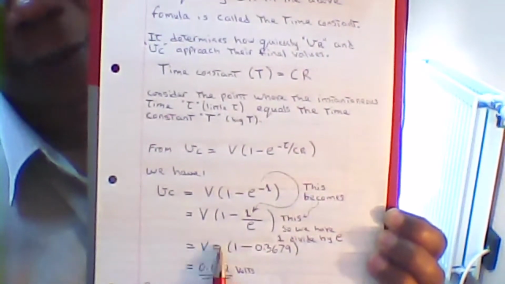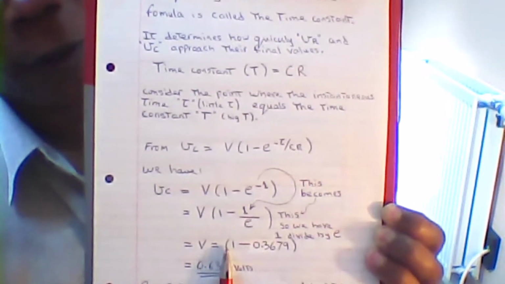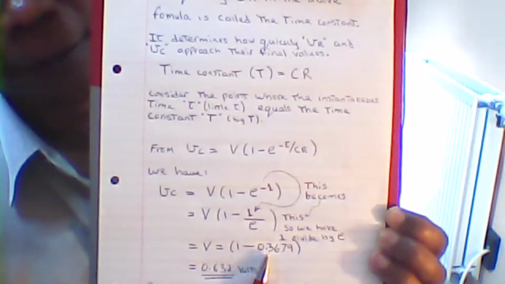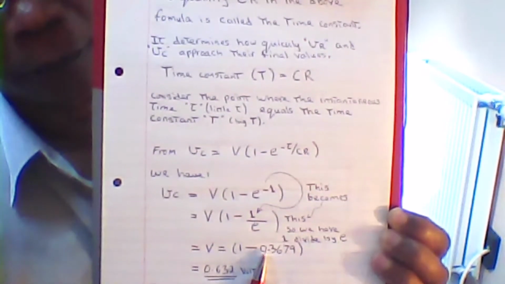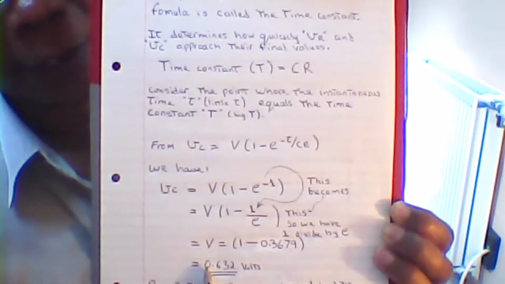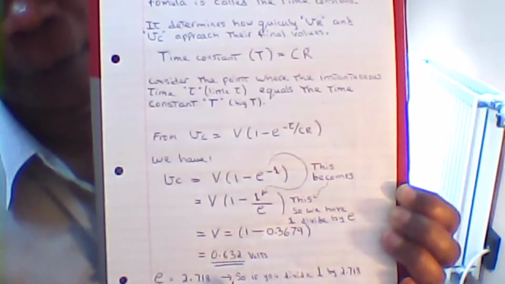So again, we now have V equals 1, open brackets, 1 minus 0.3679. That gives us 0.632 volts. And here we have e equals 2.718.